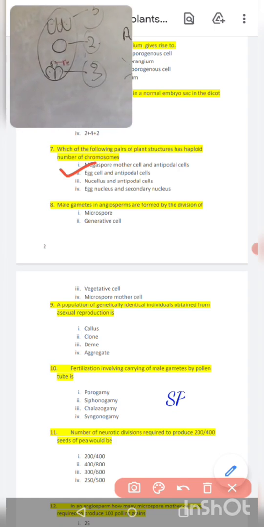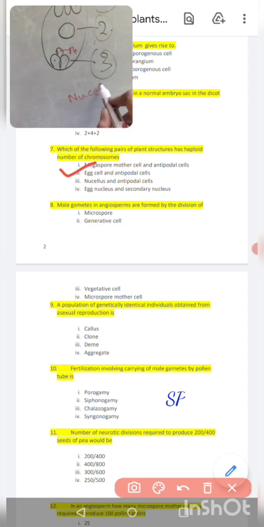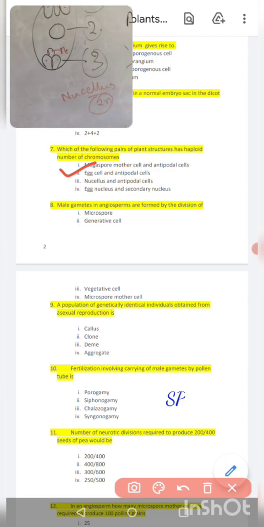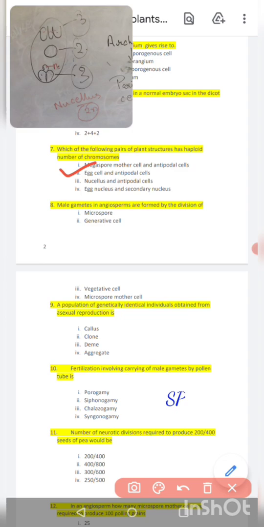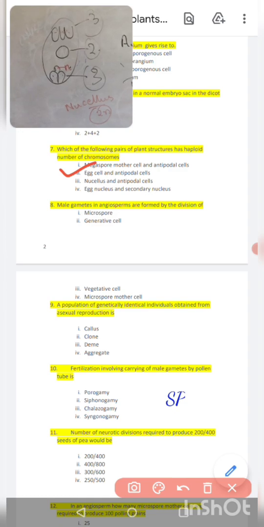Then the nucellus is also diploid. For egg nucleus and secondary nucleus, one is haploid and the other is diploid. So the correct answer will be number 2, student.